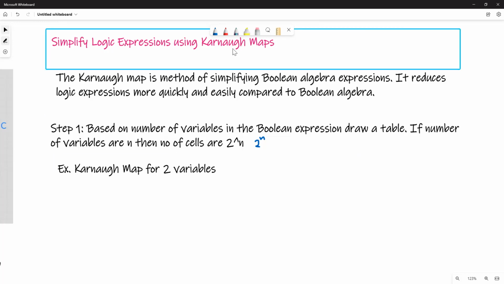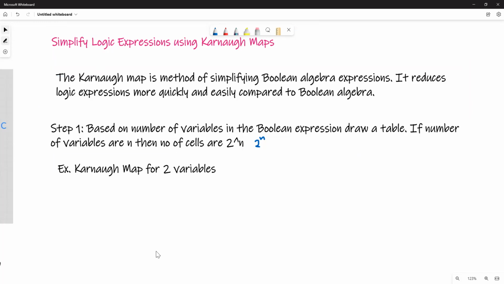So this is what we are going to do. We draw a simple table like this. Since you have 2 variables, 2 to the power 2, you need 4 cells, right? So I'm going to draw 4 cells, like this.